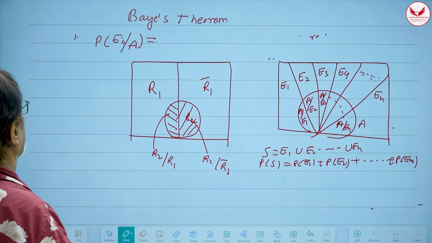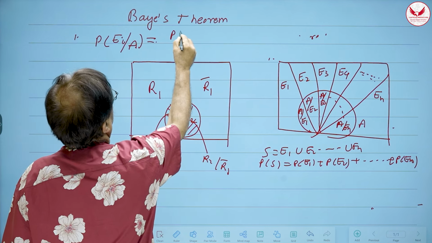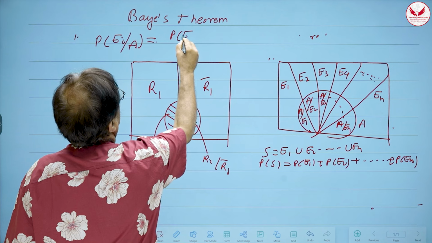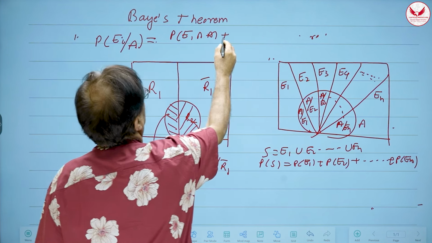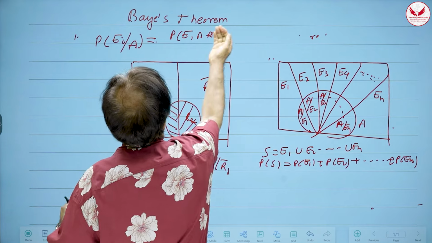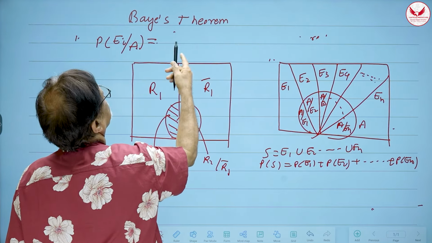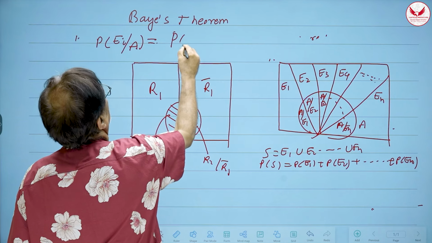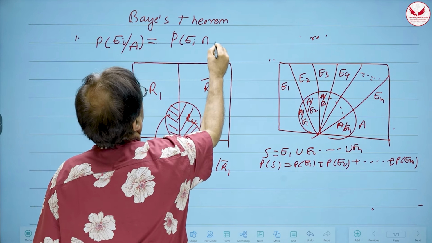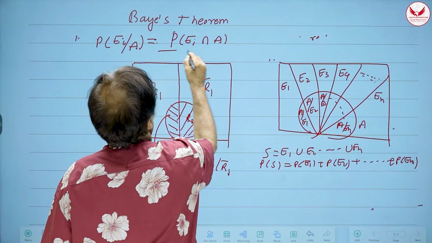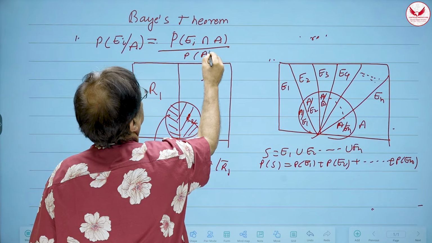So according to the definition of conditional probability, it is probability of Ei intersection A divided by probability of A. Correct?